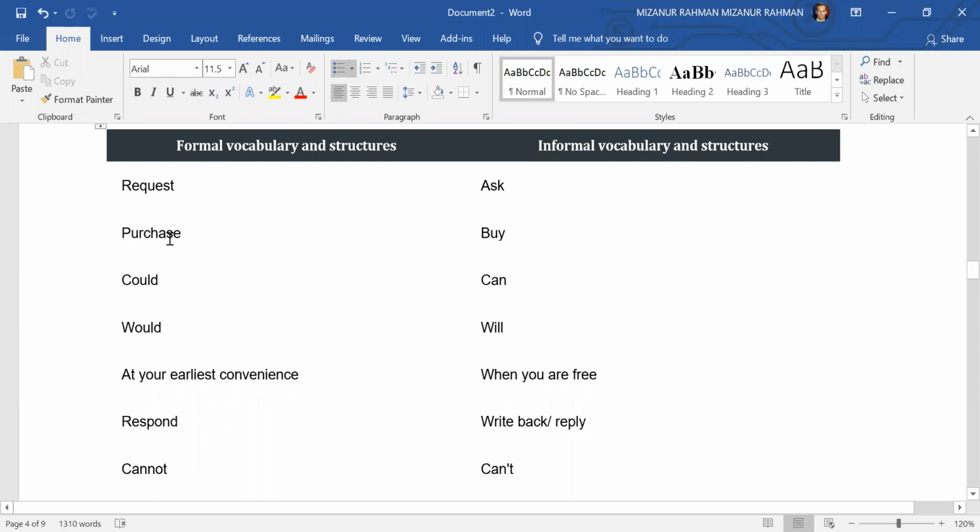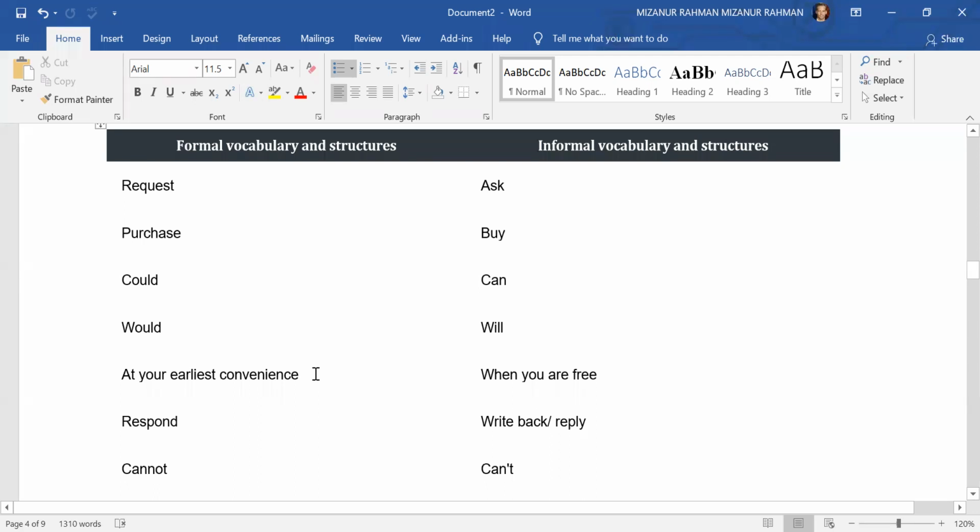Now, purchase. Formal is purchase, informal is buy. Formal is could, informal is can. Can you do this? Now, could you do this? Would, will. At your earliest convenience, when you are free. So in informal, you're saying when you're free, please text me. But if it is a formal letter, you can say, please text me at your earliest convenience.